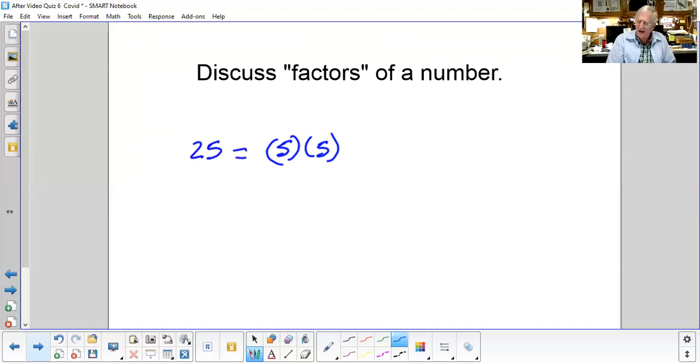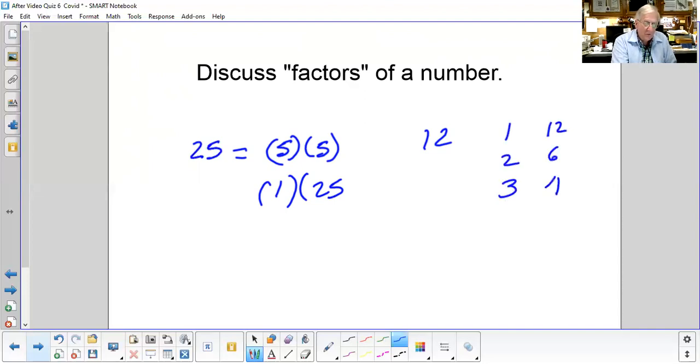Can there be other factors of 25? Yes, 1 and 25. Let's look at the number 12. 12 has a lot of factors and partners. 1 and 12, 2 and 6, 3 and 4, 4 and 3, 6 and 2, and 12 and 1.